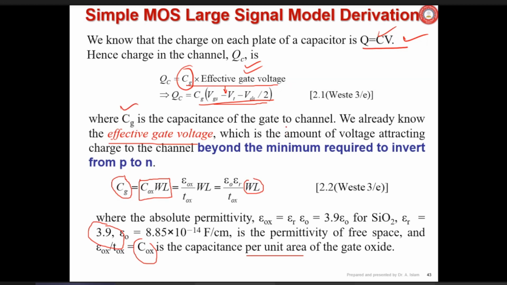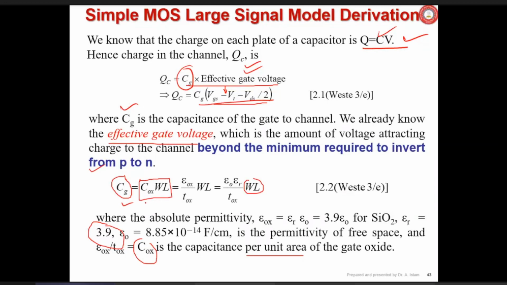CG is the capacitance of the gate to channel. You know that oxide is there on top of the silicon surface, so there is a capacitance. We already know the effective gate voltage, which is the amount of voltage attracting charge to the channel beyond the minimum required to invert from P to N.